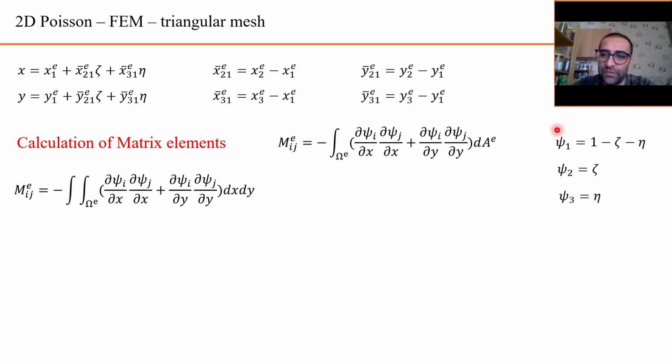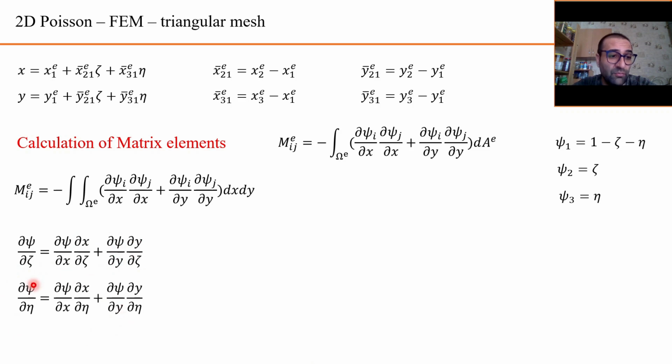Just recalling again the shape functions that we derived. We can write the derivative of psi with respect to zeta with the chain rule of differentiation, and it means that the derivative of psi with respect to zeta is the derivative of psi with respect to x times the derivative of x with respect to zeta, plus the derivative of psi with respect to y times the derivative of y with respect to zeta.